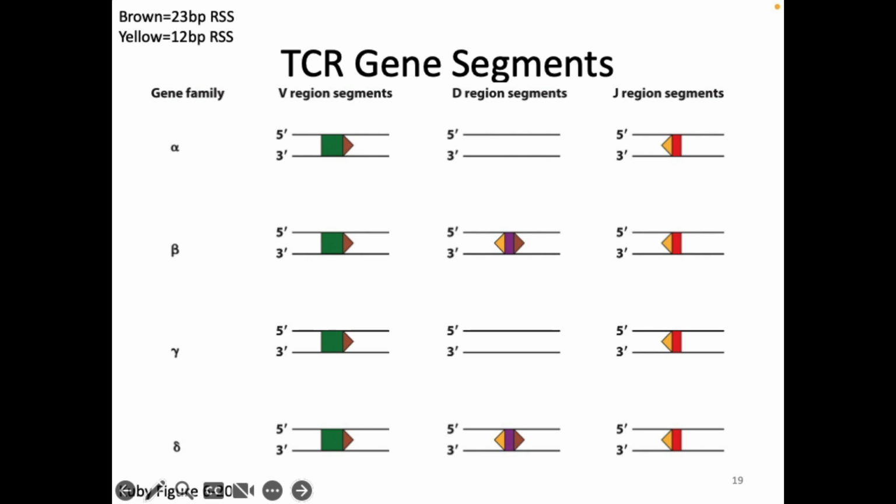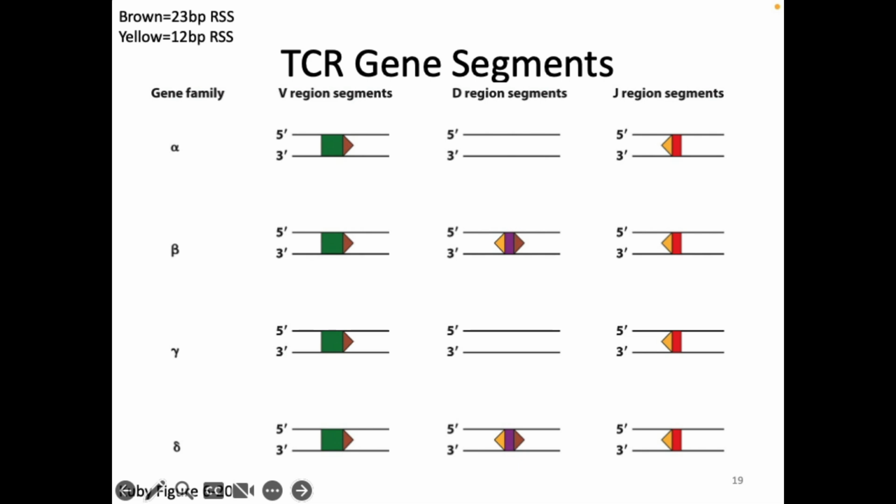And so this is really another way of showing you something I said on the previous slide, which is you can see the information about the alpha, beta, gamma, and delta gene segments. You can see that beta and delta are both heavy chains because they have D segments.